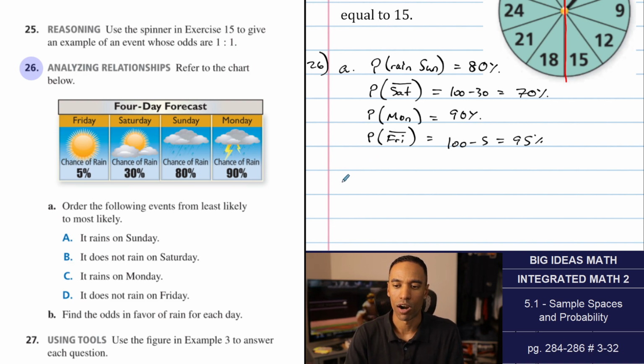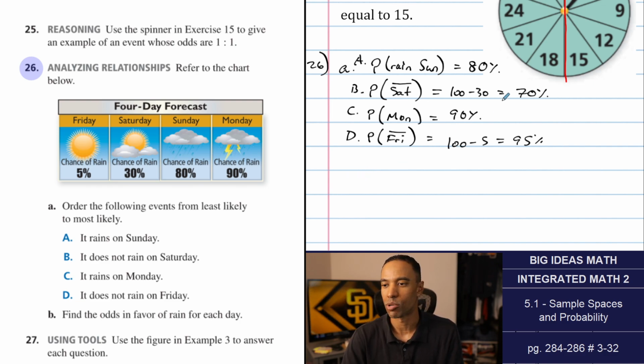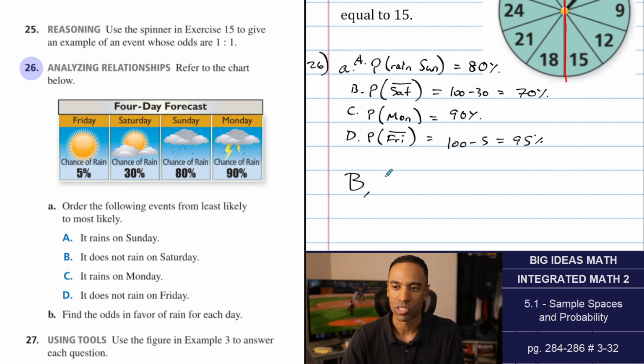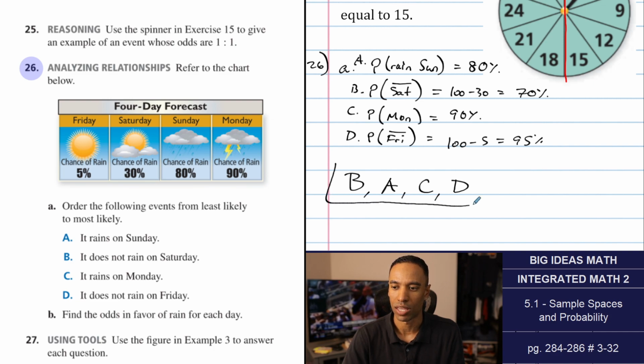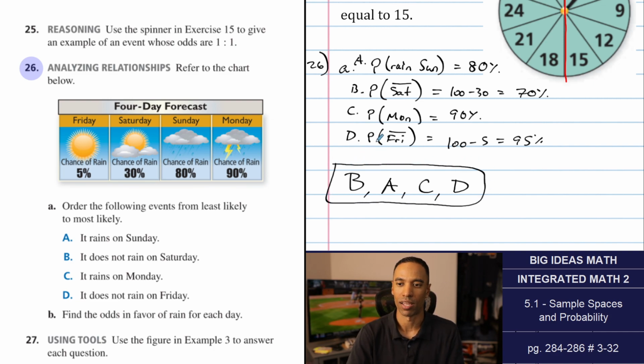From least likely to most likely, least likely is B, that it will not rain on Saturday, and then A, that it will rain on Sunday, and then C, it will rain on Monday, and D, it will not rain on Friday. It is most likely among all these that it will not rain on Friday.